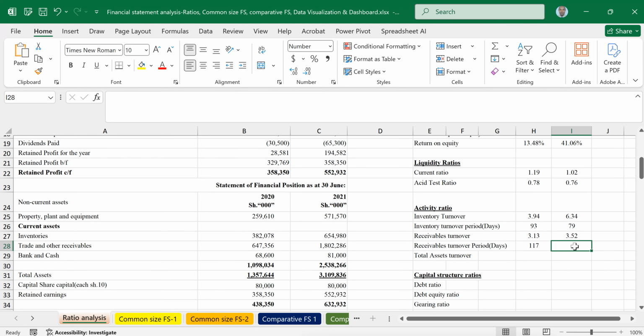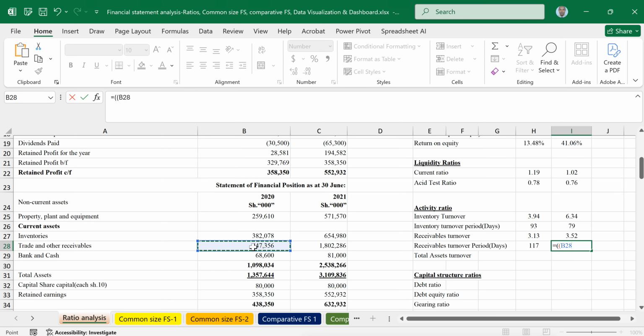section, equal sign. Now we have the average, two brackets open, opening receivables plus closing receivables, close the bracket, divide by 2, close again. Then that will be divide by, do we need 3 brackets?